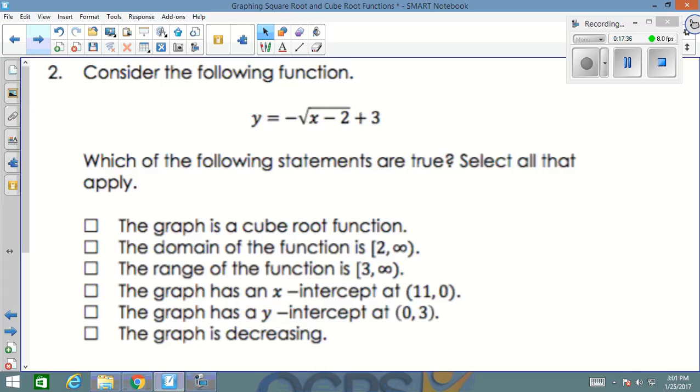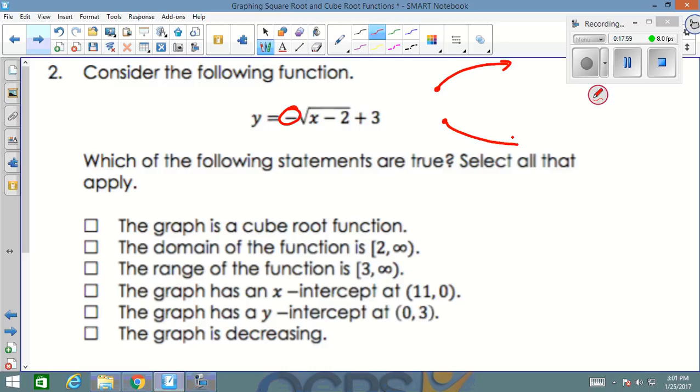Alright. Last one. Select all that apply. Okay, so it's not a cube root, we know that for a fact. What happens here, the normal function goes like this, but because of this negative, it's now going to go downwards.